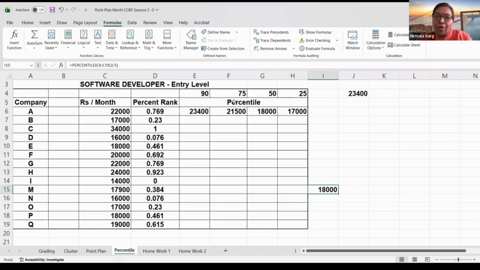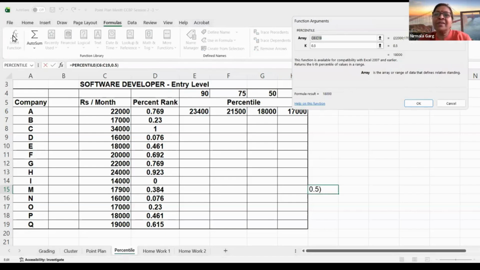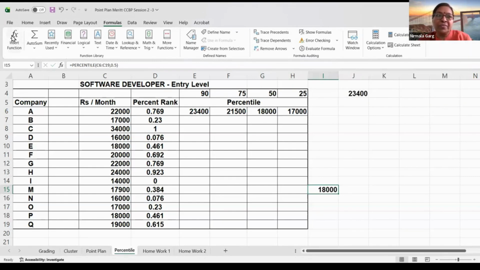All that you need to do is, whatever percentile you want, whether it is the 20th percentile or 30th percentile, use your insert function. Go to formula, go to insert function.